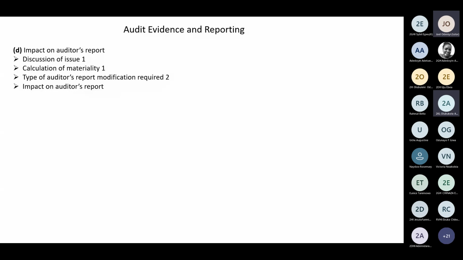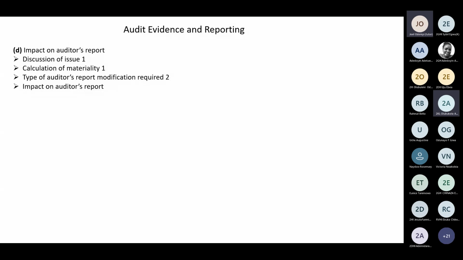Okay, so that's a good question. In the event that the use of going concern assumption has not been properly disclosed in the financial statement, then you're not going to be using a MURG paragraph. In that case, it's going to be a question of material and pervasive or material but not pervasive. If it's material and pervasive, you're going to give an adverse opinion.